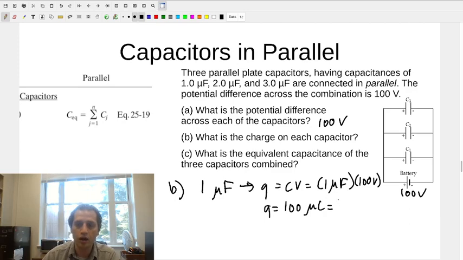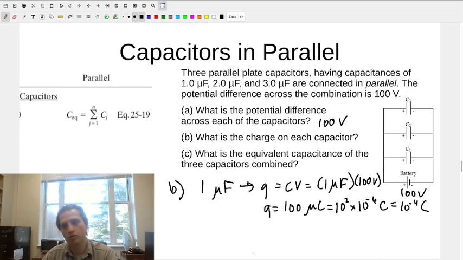Or if this were a multiple choice question, for instance, that might be 10 squared times 10 to the minus 6 coulombs, which is 10 to the minus 4th coulombs. 1 times 10 to the minus 4th coulombs. So there'd be different ways that you could put that.